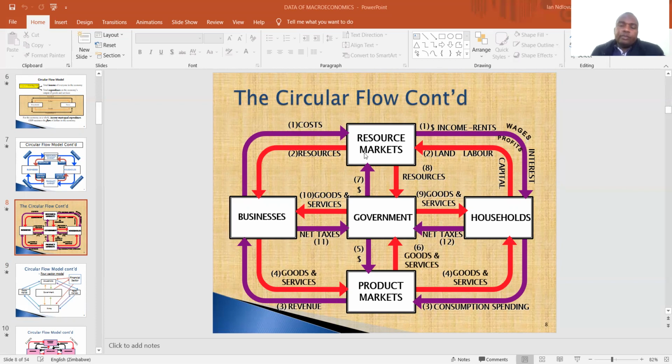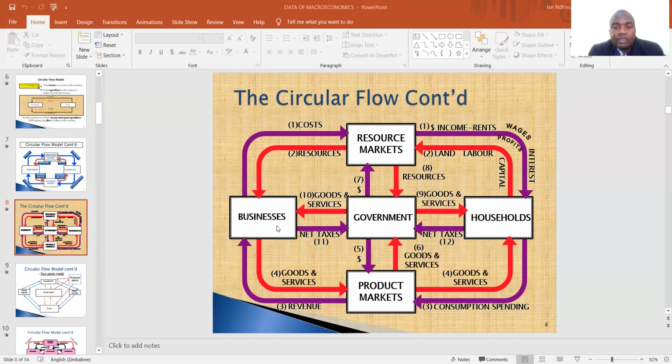So what we see here is that the government is placed in the center in order to provide certain goods and services which are needed by businesses, like infrastructure, for instance, public goods. You know, the arteries of commerce, like the transport network, the railway network, the road network.